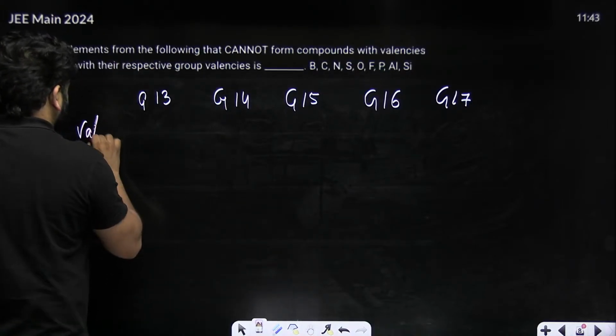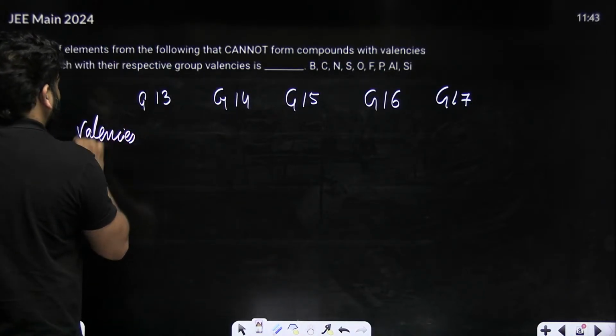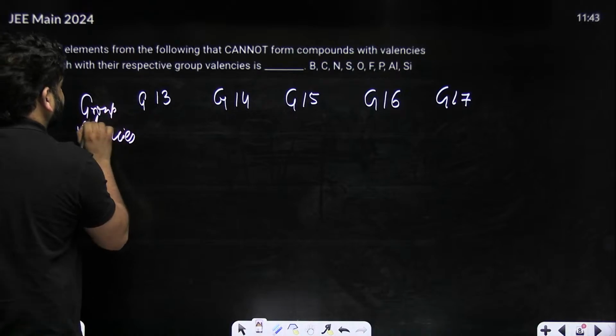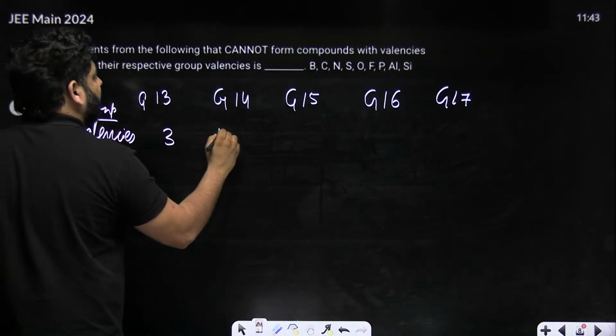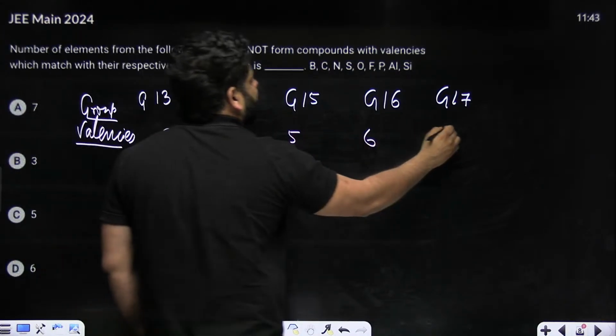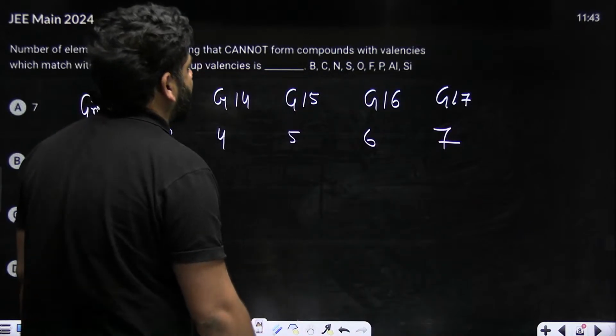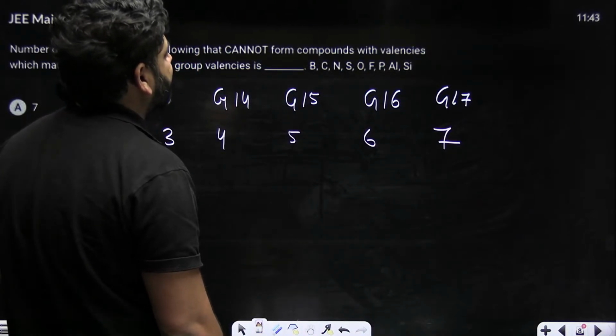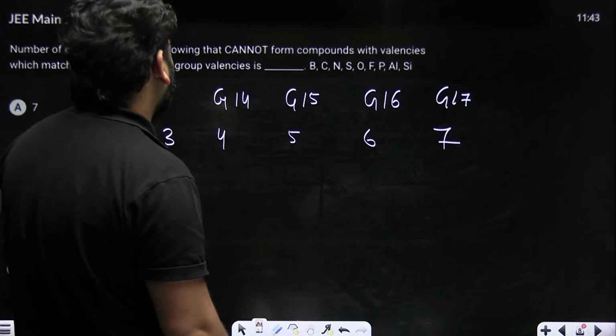If I talk about their group valency, it is 3, 4, 5, 6 and 7. So these are basically the valencies shown by the respective groups.